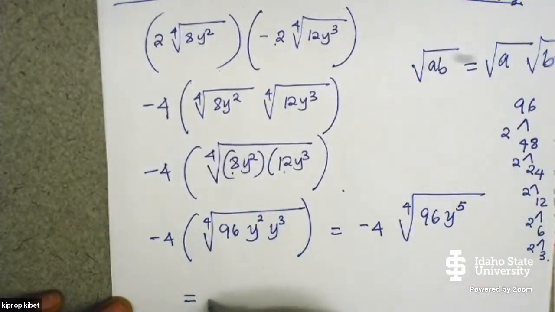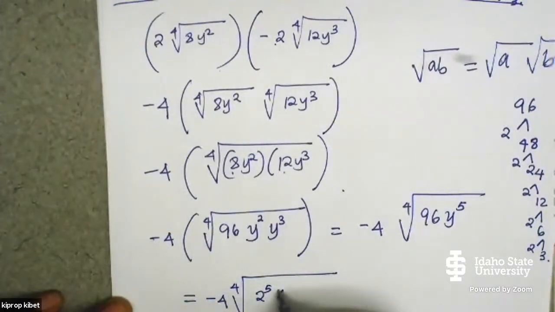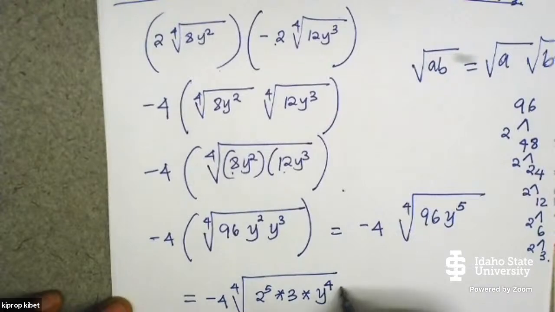So this is equal to -4, the fourth root of 2 raised to 5 multiplied by 3 multiplied by y raised to 4, y raised to 1.